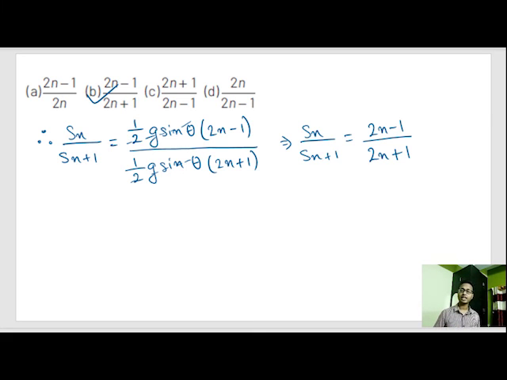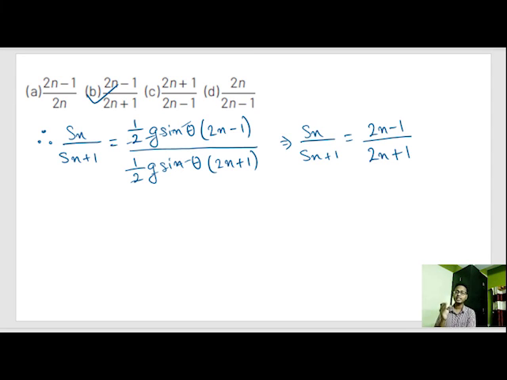So whenever they ask for Sn, or the distance traveled from time t equals n to the next second, in our formula S equals ut plus half at square, or v equals u plus at, the initial time and initial velocity were taken as 0. The initial displacement was also taken as 0, but initial displacement will not always be 0 in the question.